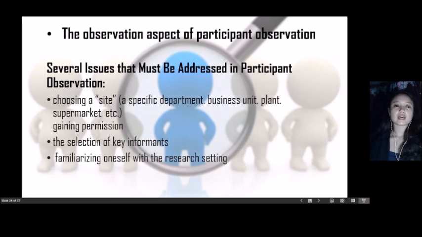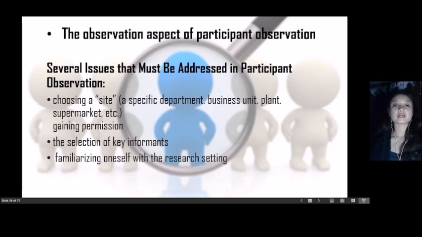The observation aspect of participant observation. There are several issues that must be addressed in participant observation. First is choosing a site, such as a specific department, business unit, plant, supermarket, and so on. Second is gaining permission. Third is the selection of key informants.